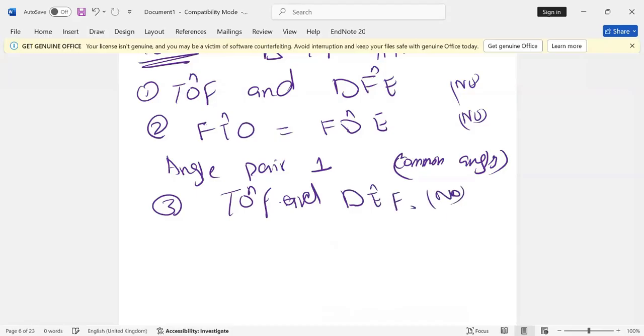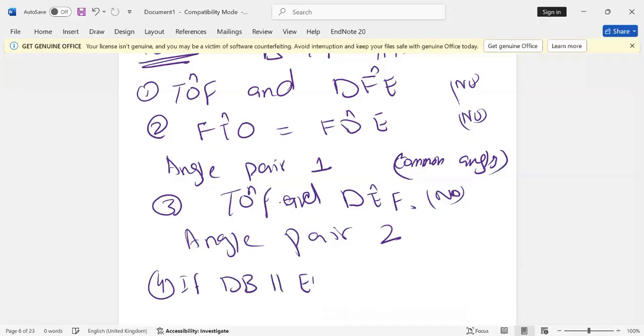And the angle pair 2, the fourth point: if DB is parallel to EA, from 10.4, we say that E equals D3, corresponding angles, all right?